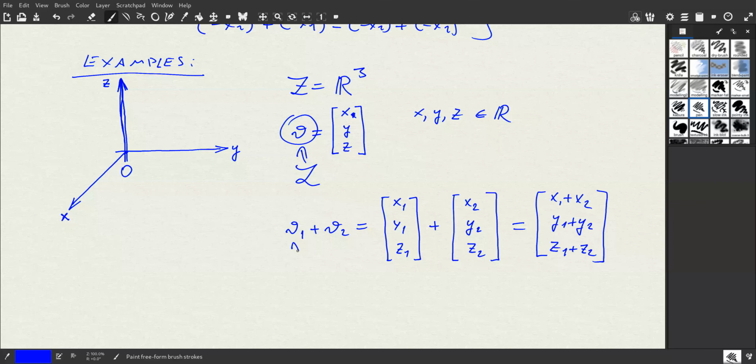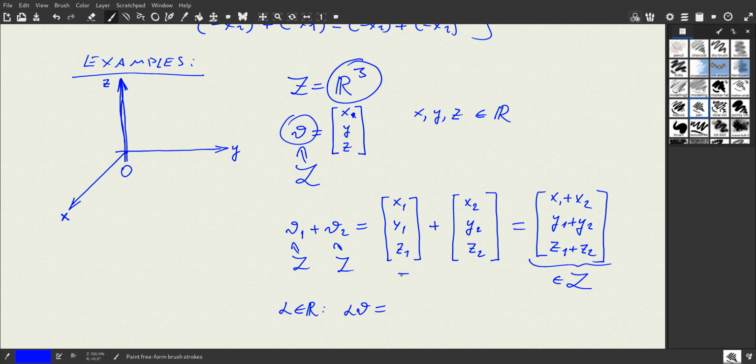Multiplication of a vector: these are two vectors in L, and the result is also a vector in L, where L is R3, the three-dimensional linear vector space. And for any alpha, which is a real number, we define alpha V again component-wise as alpha x, alpha y, alpha z.